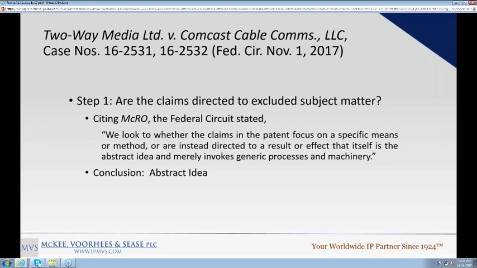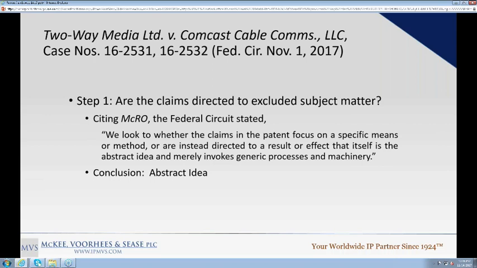And merely invokes generic processes and machinery. So you can see here, the court is saying, are we looking at something where you're just trying to claim a method of communicating a signal and receiving a signal and monitoring that signal is released, or reception, or generic steps like that, or is there enough detailed out?